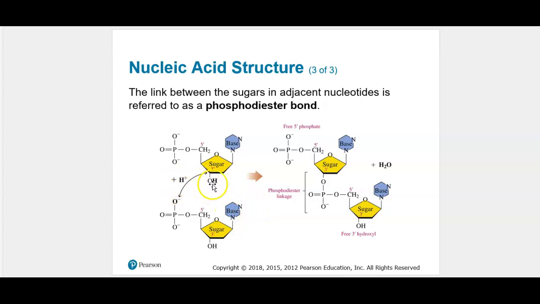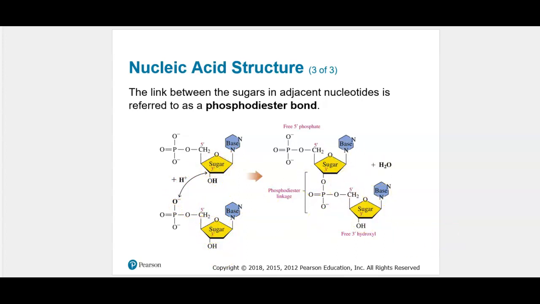Okay, there's OH, H. It's not quite as clear the way this works, but you are removing a water molecule in this condensation reaction. So you're making this phosphodiester linkage by splitting a water molecule out of the two nucleotides to form this assemblage.